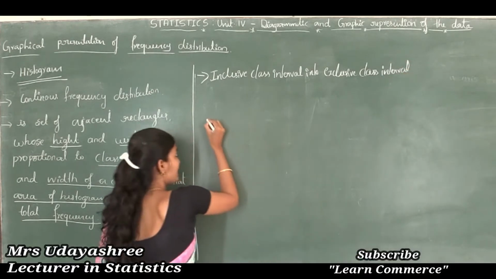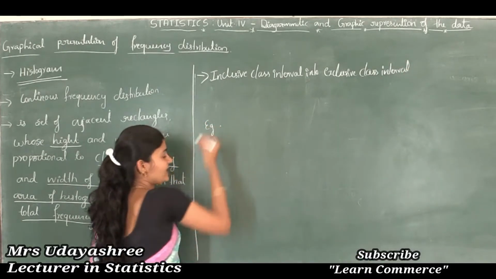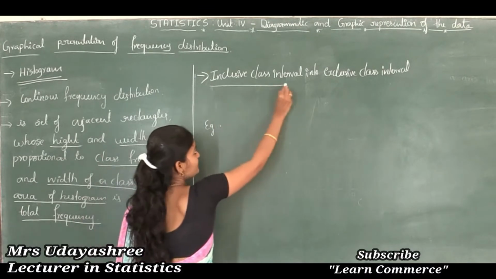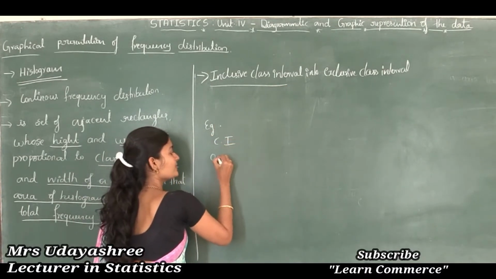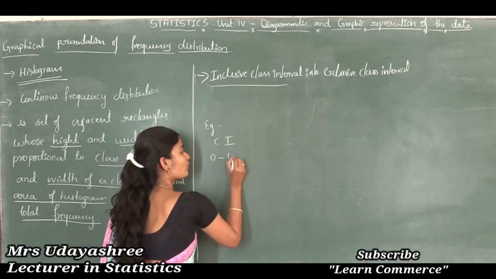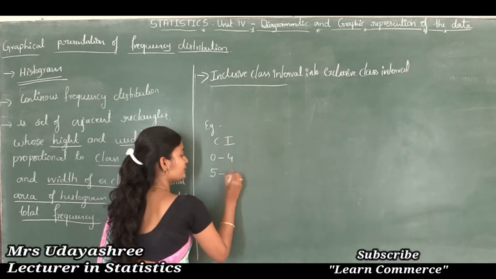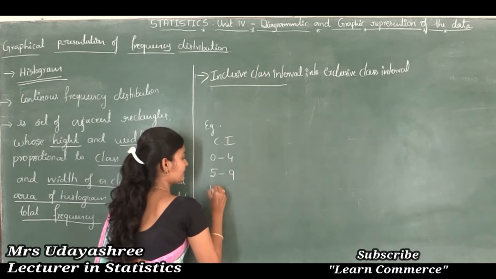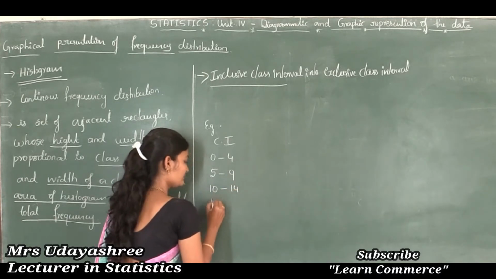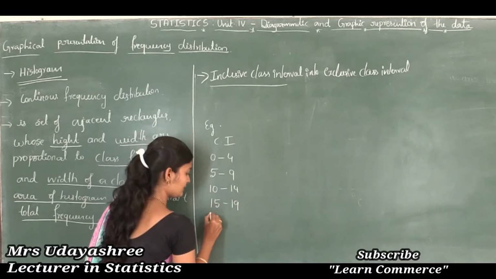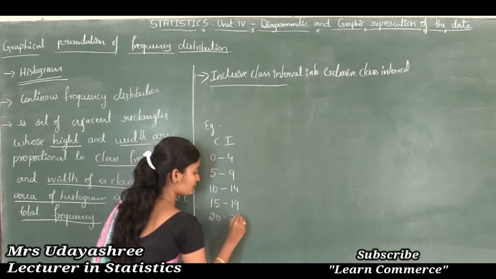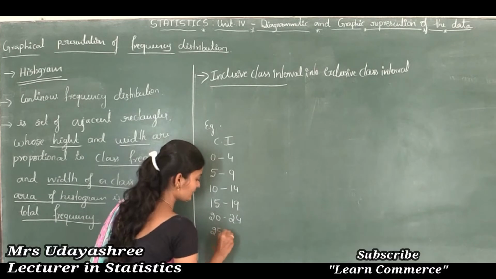For example, I will take an inclusive class interval. The class intervals may be 0 to 4, 5 to 9, 10 to 14, 15 to 19, then 20 to 24, then 25 to 29.